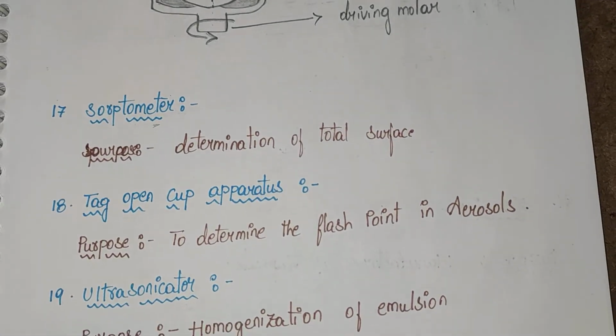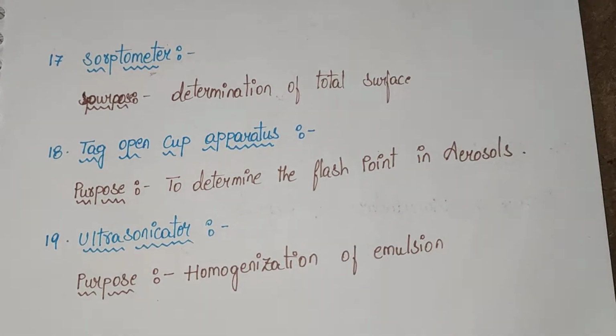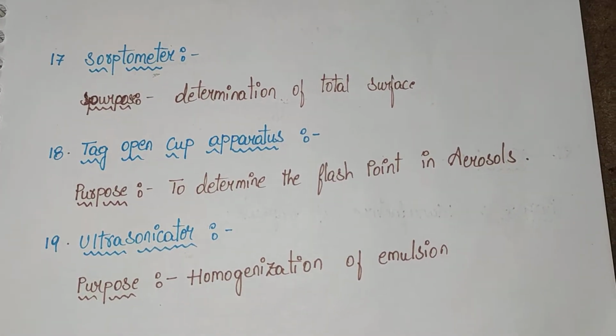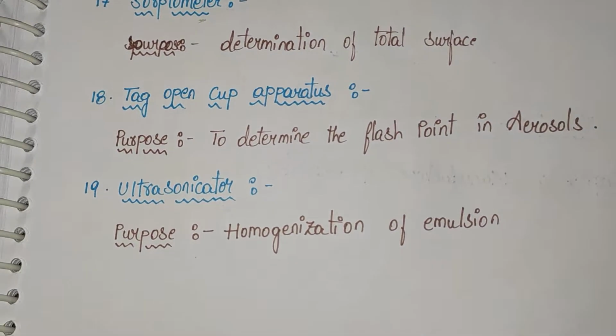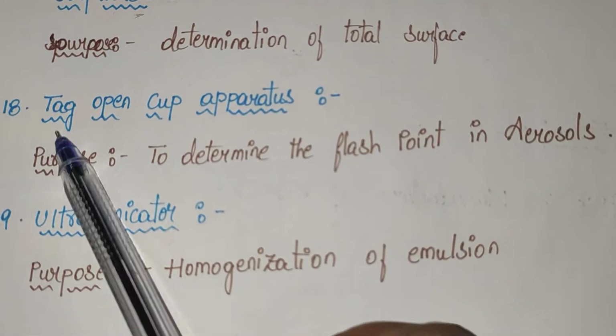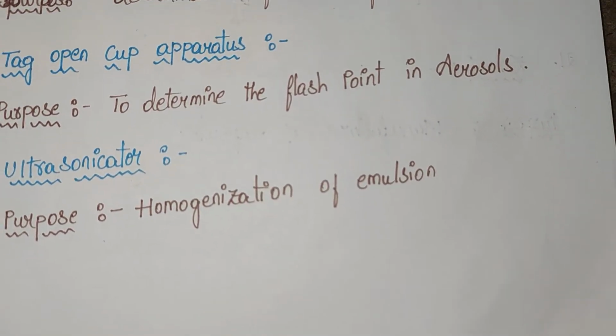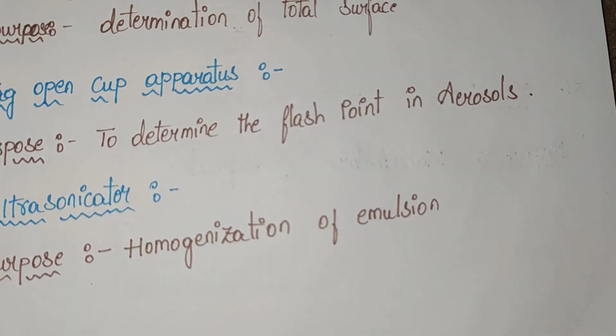And next equipment is sorptometer. So it is used for the determination of total surface area. So the next apparatus is tag open cup apparatus. So it is used for determination of flash point in aerosol.